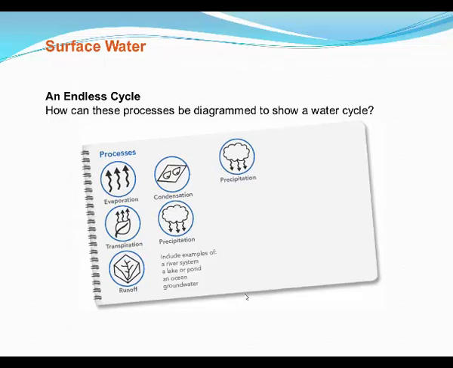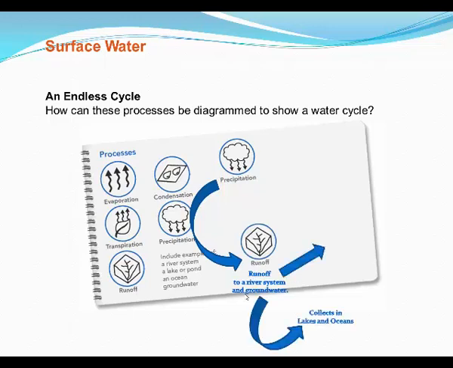So I started with precipitation. So runoff then forms, and runoff leads to a river system and groundwater. That eventually collects in lakes and oceans. The process of transpiration, where plants absorb that runoff water and then release it into the atmosphere, can occur.